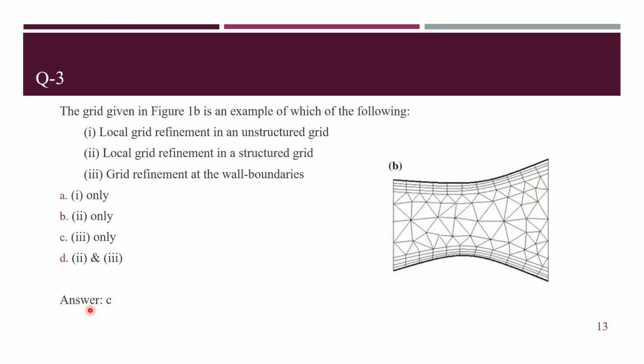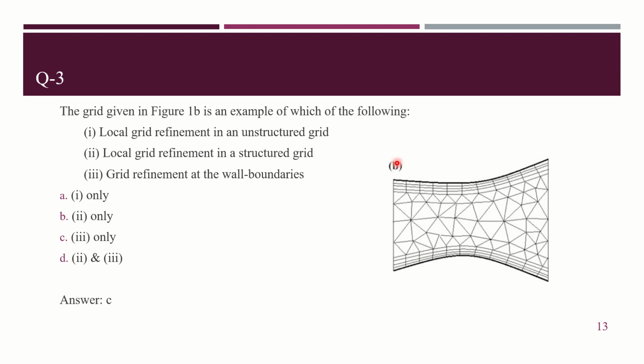In question 3, what is given? The grid given in figure 1b is an example of which of the following? So again, what is being asked? Here it is an unstructured mesh, and like in the previous questions, 3 statements are given.